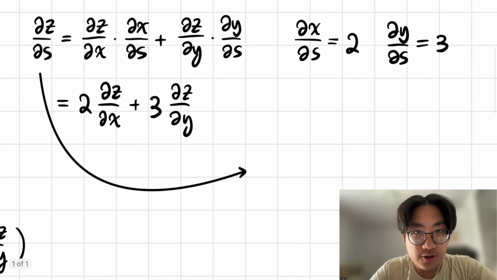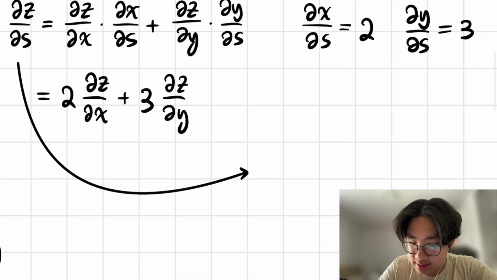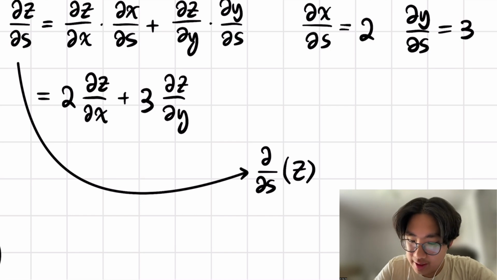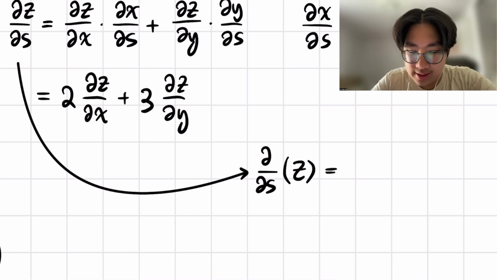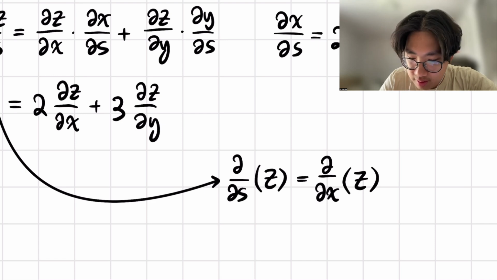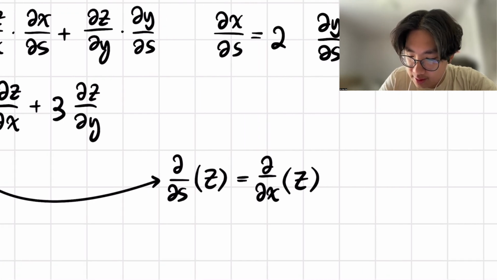So partial z, partial s, we can rewrite this as partial over partial s of z, right? Which is, again, the same thing as just writing f here instead, but I'll just use z to stay consistent. And then doing a similar kind of thing on the right side as well, we have partial over partial x of our function z times partial x, partial s.